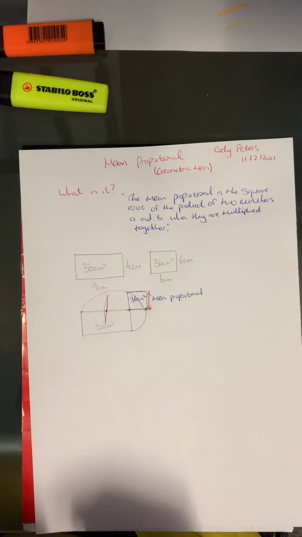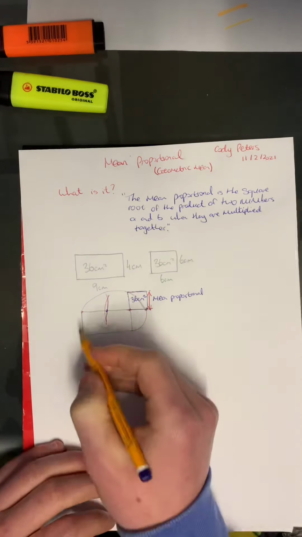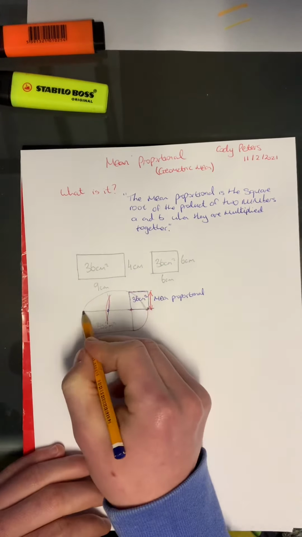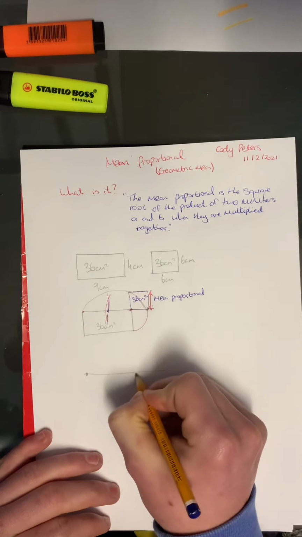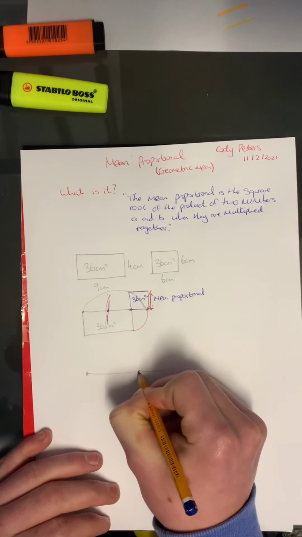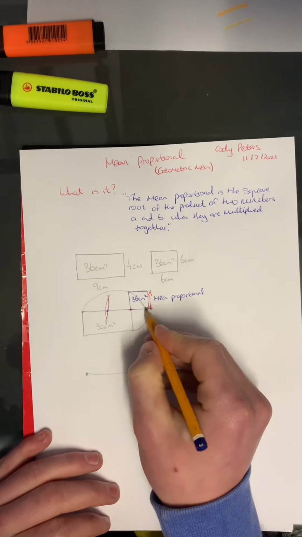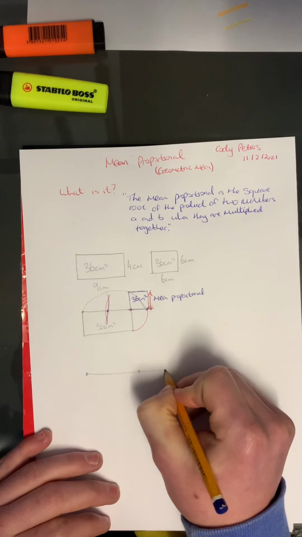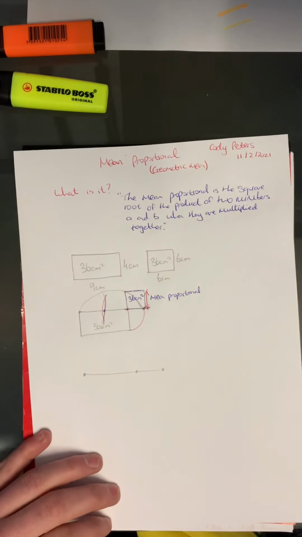So now we're going to develop this point. What we're going to do now is bring this line from here to here, down here. So here's the start of it, and here's the end of one of the lengths of our rectangle, and here then is the 4 centimeters over here.